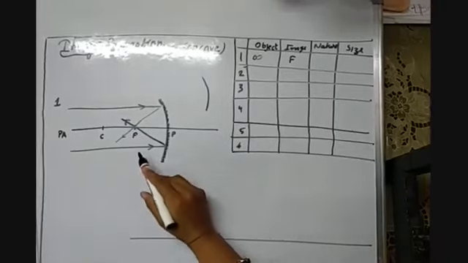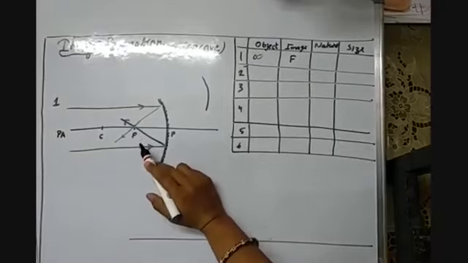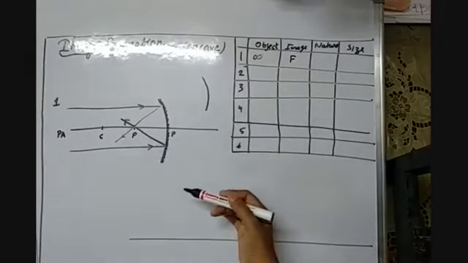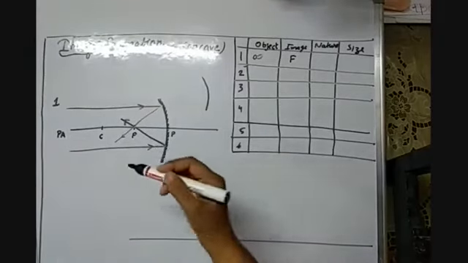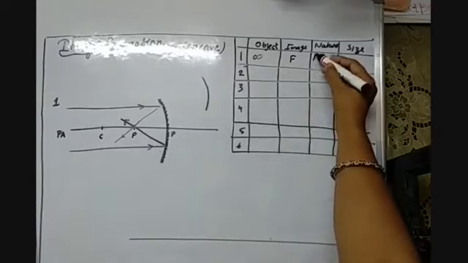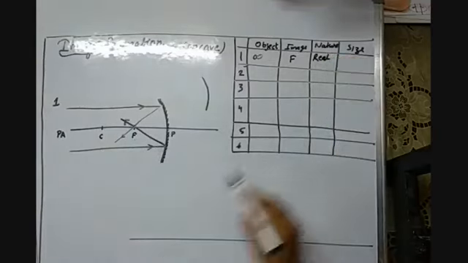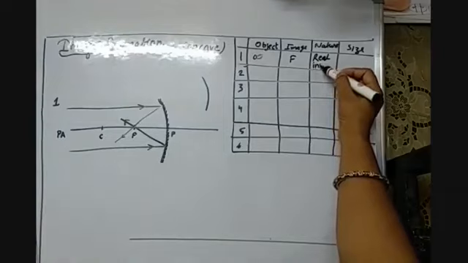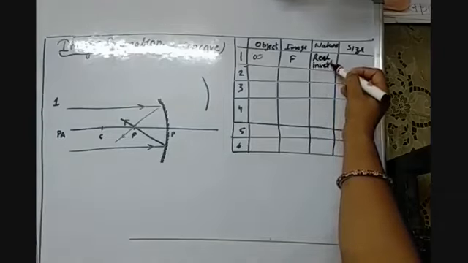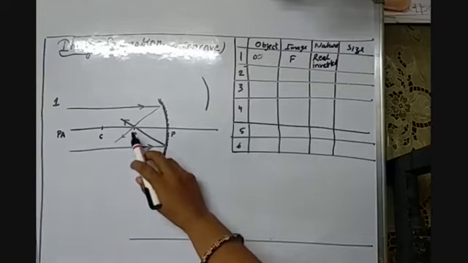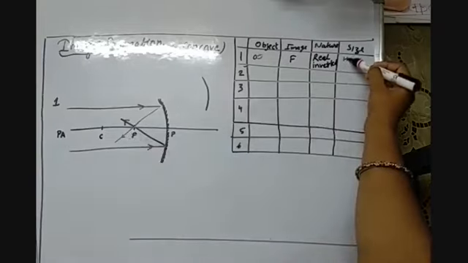So here the image, as you can see, is formed by a real cross section of the reflected rays. So the image is real. Must remember that real images are always inverted. And you can see that this is a point image. So it is highly diminished.